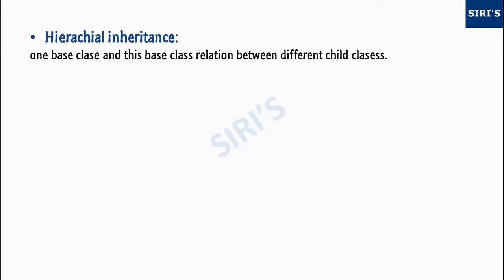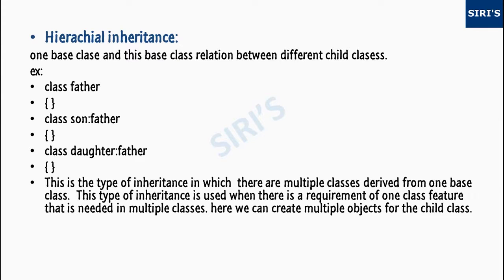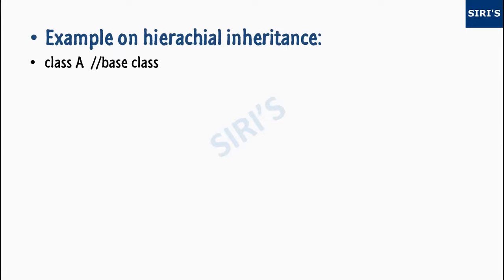Hierarchical inheritance: one base class and the relation between this base class and different child classes. For example, class father and class child. Here is the syntax for how we write hierarchical inheritance. This is the type of inheritance in which there are multiple classes derived from one base class. This type of inheritance is used when there is a requirement of one class feature that is needed in multiple classes. Here we can create multiple objects for the child class.